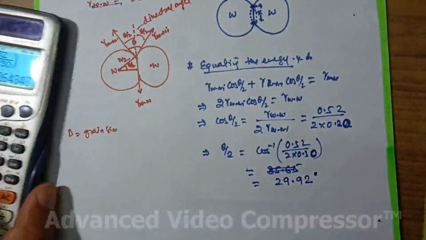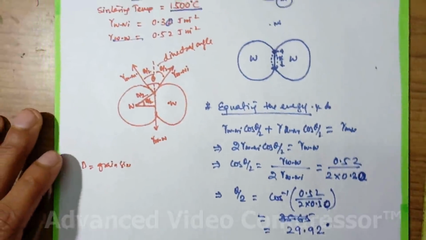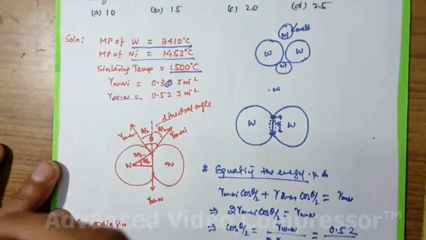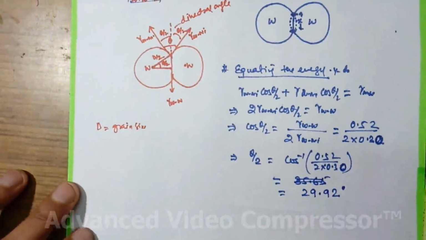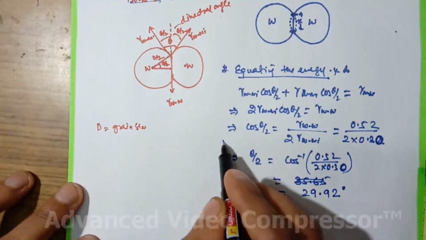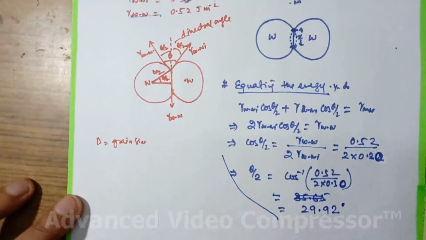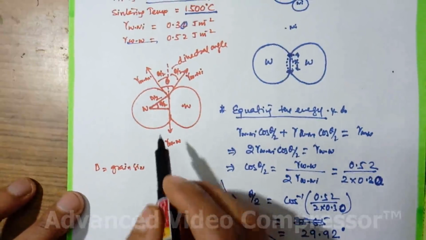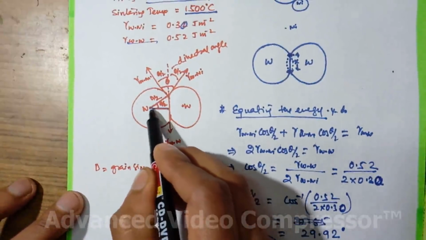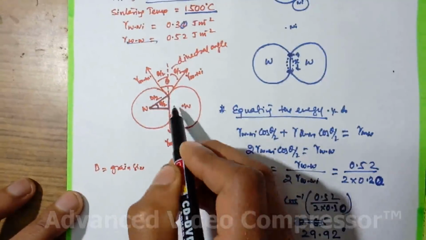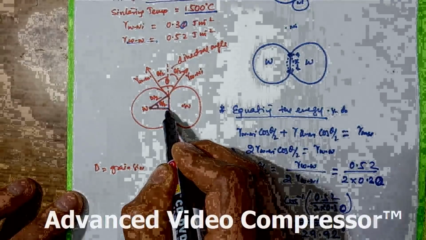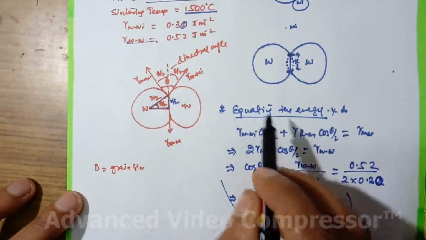Now coming to the neck size calculation. We have got here a right angle triangle with angle theta by 2, and we need x by 2, since the complete line is x.